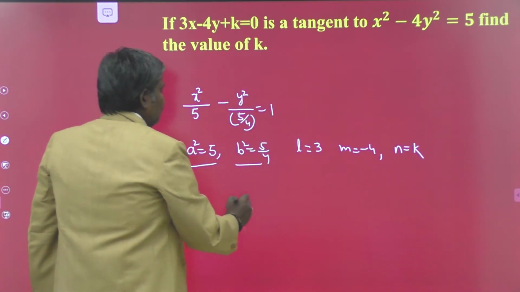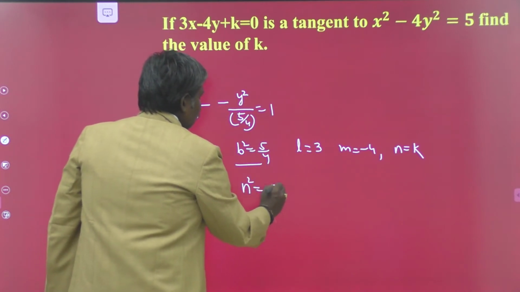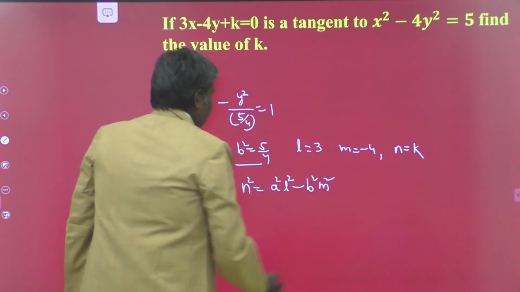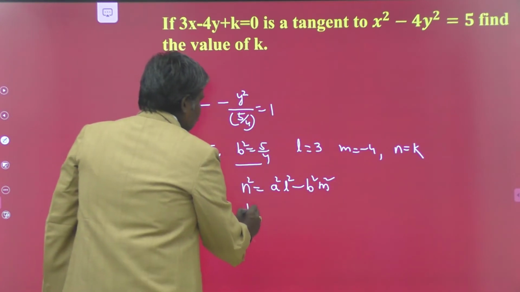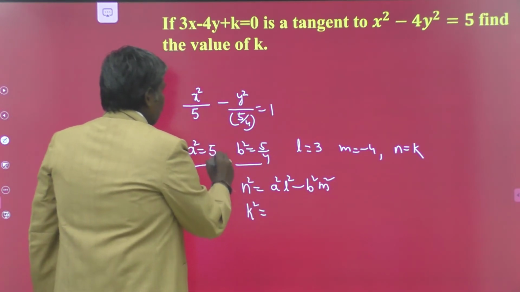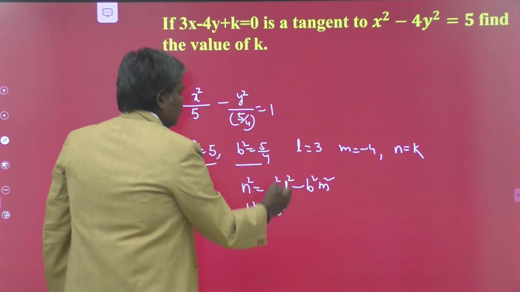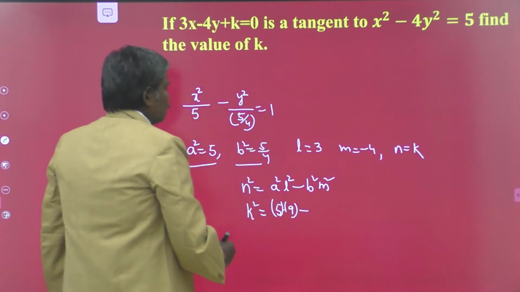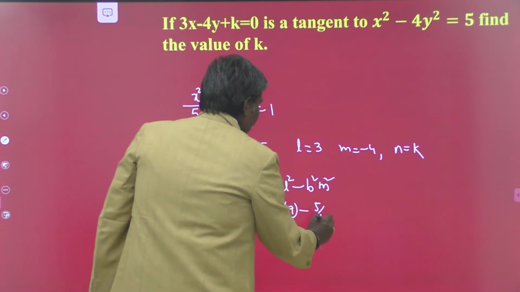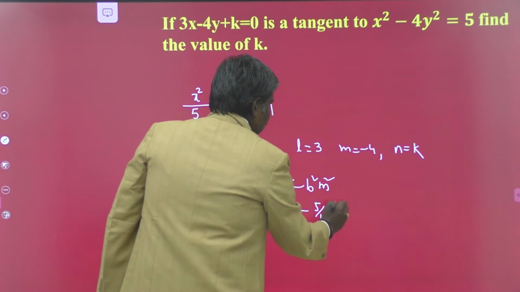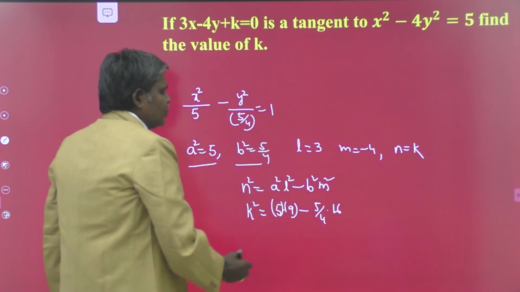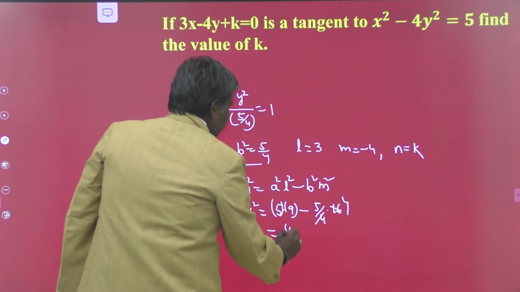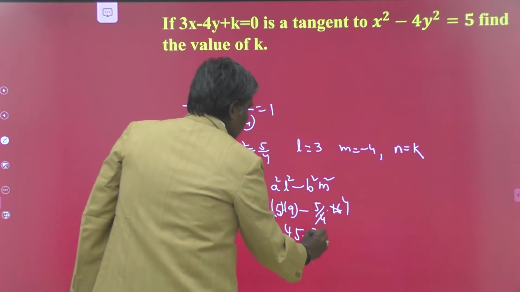So what is the tangent condition? n² = a²l² − b²m². n² means k², that is equal to a² means 5 times l² which is 9, minus b², which is 5/4 times m², which is nothing but 16. (−4)² means 16. 5 nines are 45, minus 5 fours are 20.